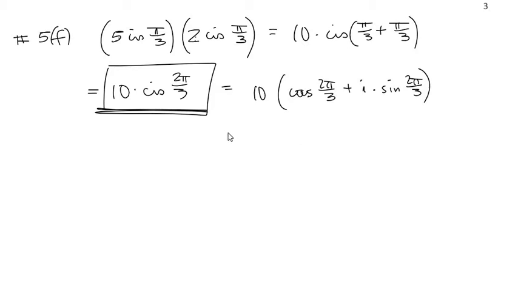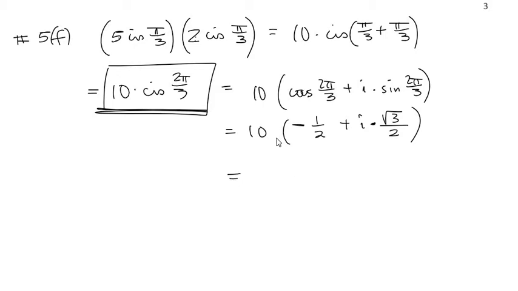All right, so let's evaluate those trig values. 2 pi over 3 is in the second quadrant, where cosine is negative, and sine of 2 pi over 3 is positive. We're in the second quadrant, and the sine of 2 pi over 3 is root 3 over 2.